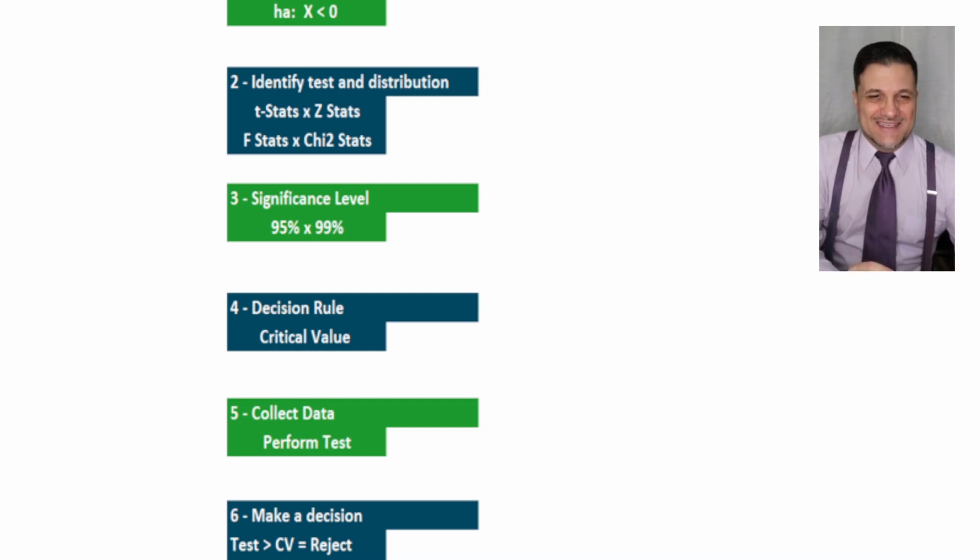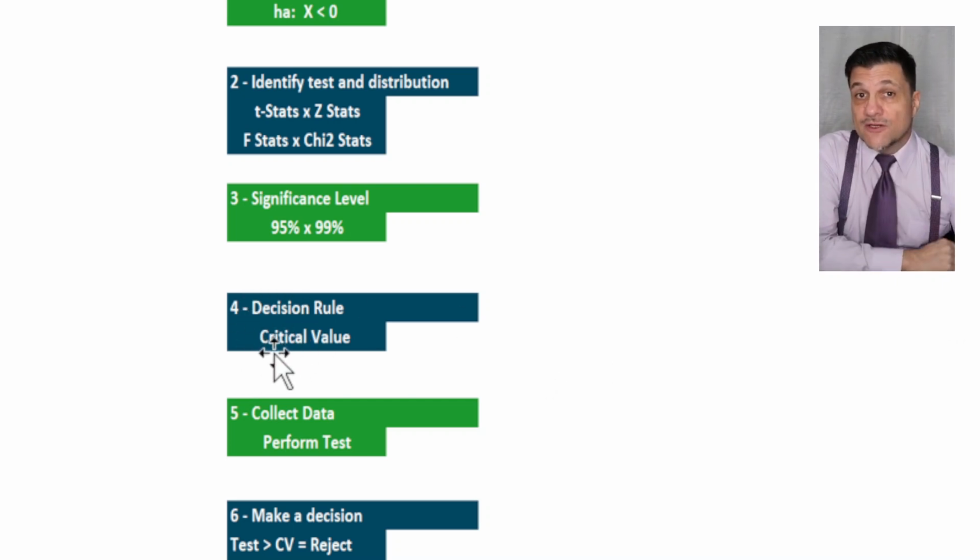What is my point? My point is that 3 is the magical number here for critical values. Once you perform a test, you collect the data, you perform the test, you're going to get a number, a t-stat. And you're going to compare that t-stat with the critical value from step number 4.